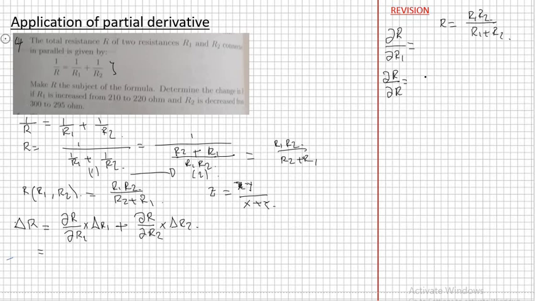So I have to derive R1 multiplied by R2. That's going to be the first function that I have to derive.